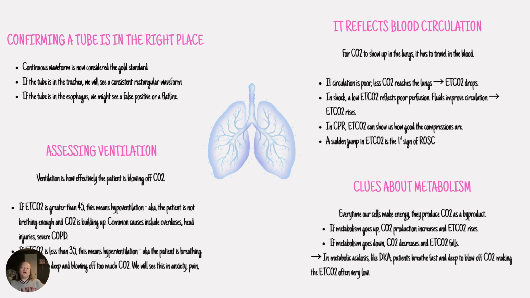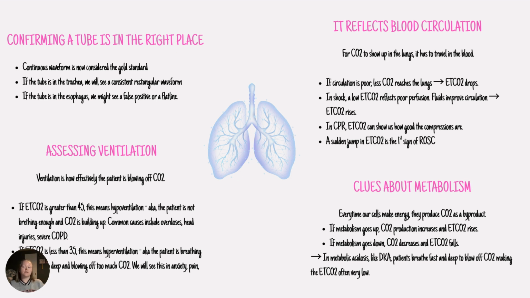Ventilation. Ventilation shows how well the patient is blowing off that CO2. So a normal EtCO2, like we talked about before, is 35 to 45. If the end tidal is higher than 45, this means hypoventilation. So our patient is not breathing enough. CO2 is building up. You might see this in overdoses, head injury, severe COPD, anaphylaxis.